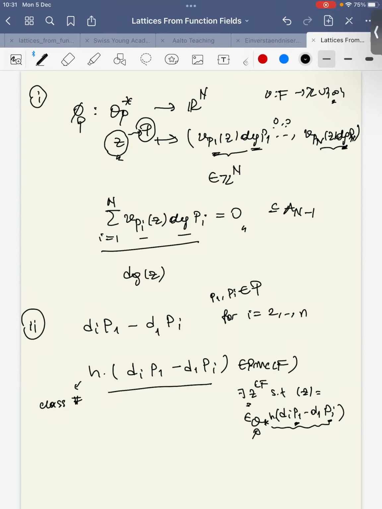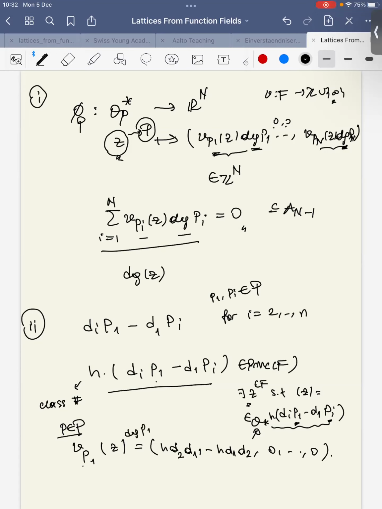So we can talk about its image. For the places in the curly P, whenever p is equal to p_1, its image has the first coordinate h times d_i times d_1, and the i-th coordinate minus h times d_1 d_i, and the other coordinates are going to be 0 because their valuation is 0 for this divisor.